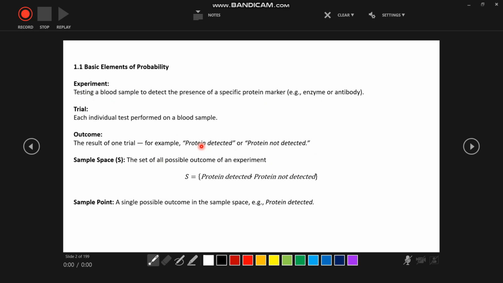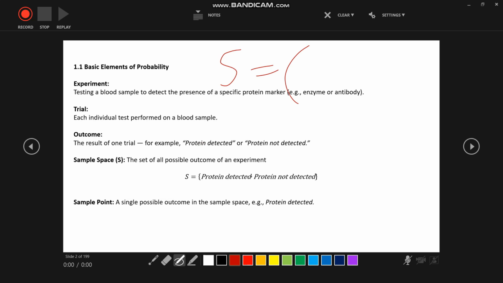Take for example, we want to conduct an experiment, and the purpose of the experiment is to check if rain will fall in Malete or won't fall. The sample space for that experiment is represented with S, then equal to, you open a bracket, then you write each outcome, separated with a comma.